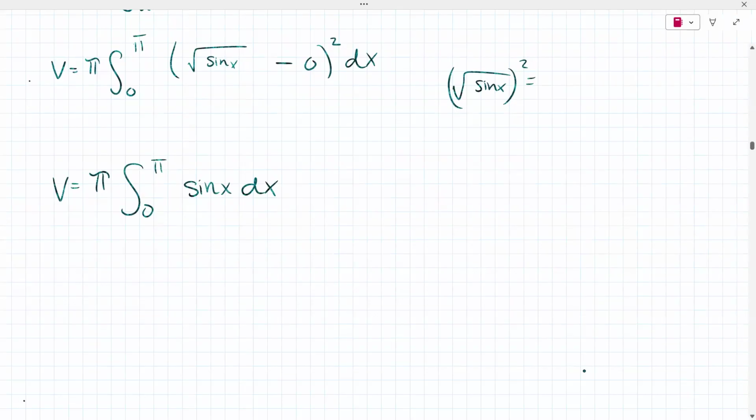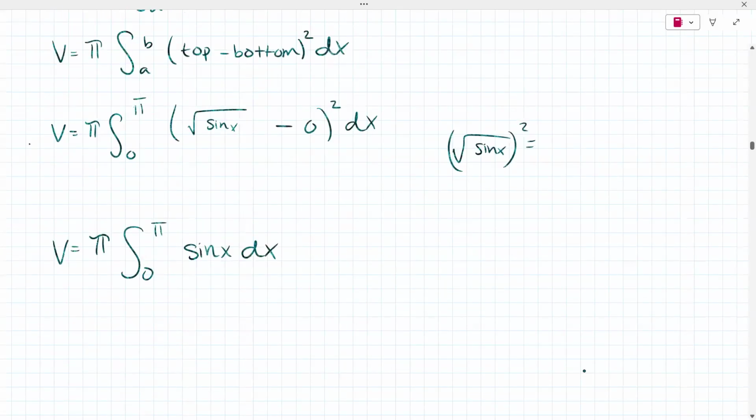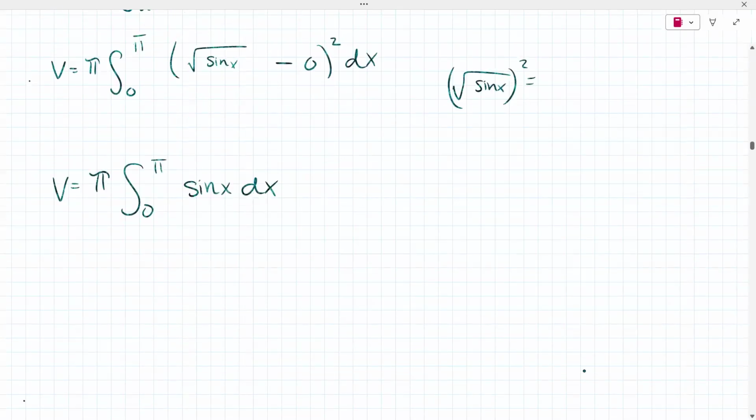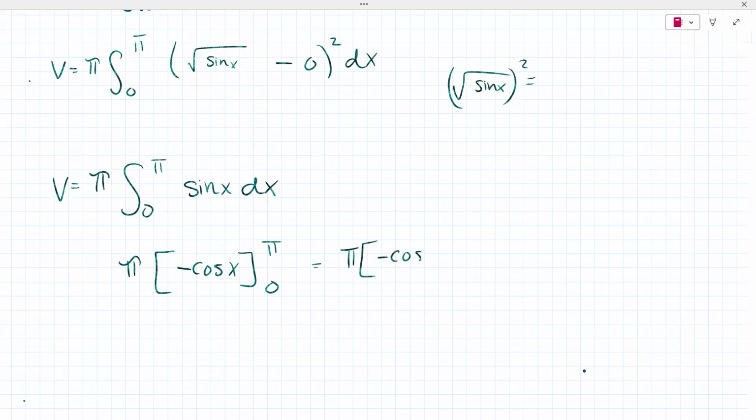Okay, and what's the integral of sine of x? It is negative cosine of x, and we're going from 0 to pi. And don't forget, we did factor out a pi, so that is going to be pi times negative cosine pi minus negative cosine 0.